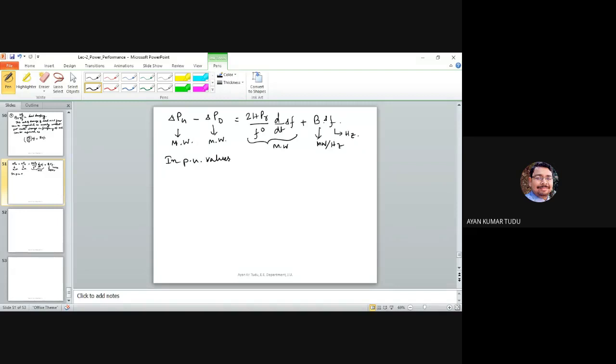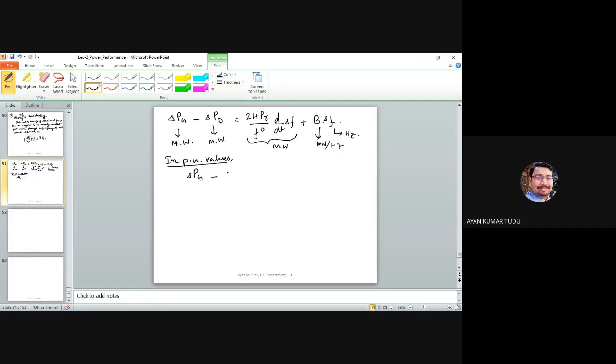Okay, so in per unit values, we divide throughout by the generator rating PR, so delta Pg by PR gives the per unit delta Pg.